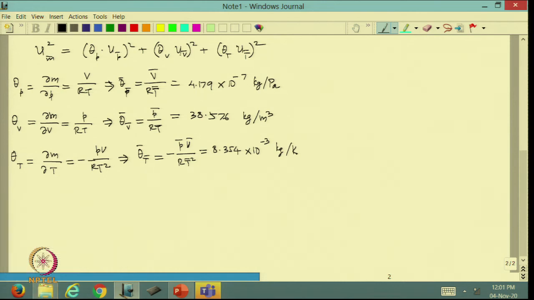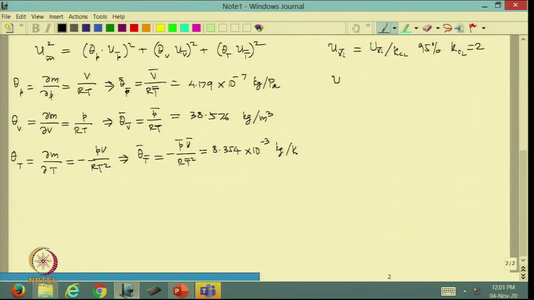Now, we need the standard uncertainty in each. We realize that the standard uncertainty in a variable will be the expanded uncertainty in that variable divided by the k_CL. We assume that the uncertainty is reported at 95% confidence level, so k_CL is equal to 2.